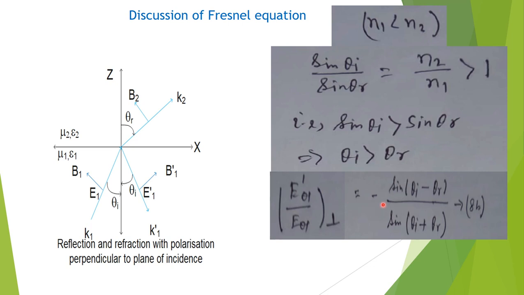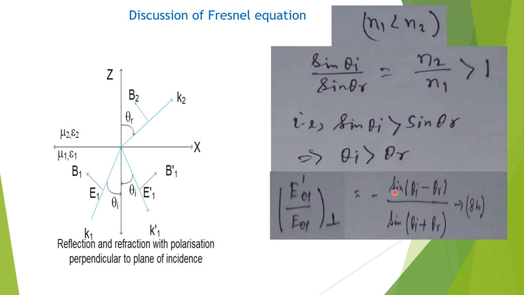In that case the ratio of reflected wave to incident wave, −sin(θi − θt)/sin(θi + θt), is a negative quantity.